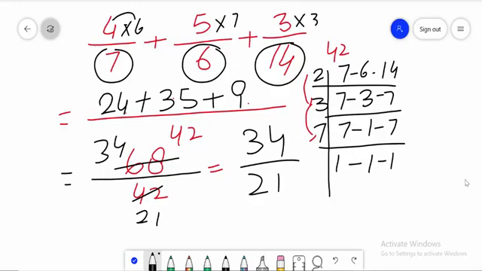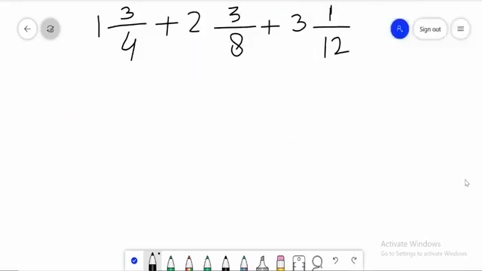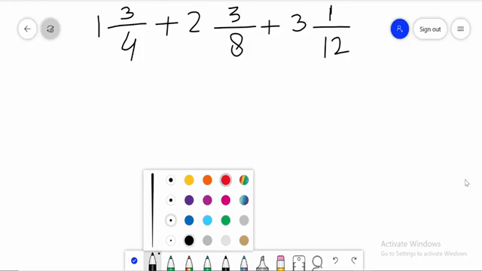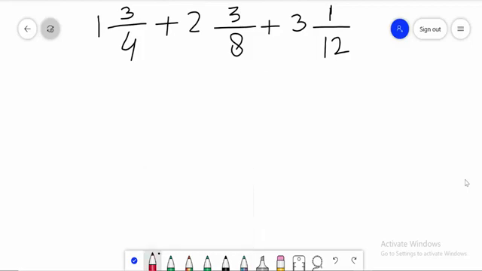Move to the next question, which consists of mixed fractions. Here on screen you can see three different fractions: 1 whole 3 by 4 plus 2 whole 3 by 8 plus 3 whole 1 over 12.